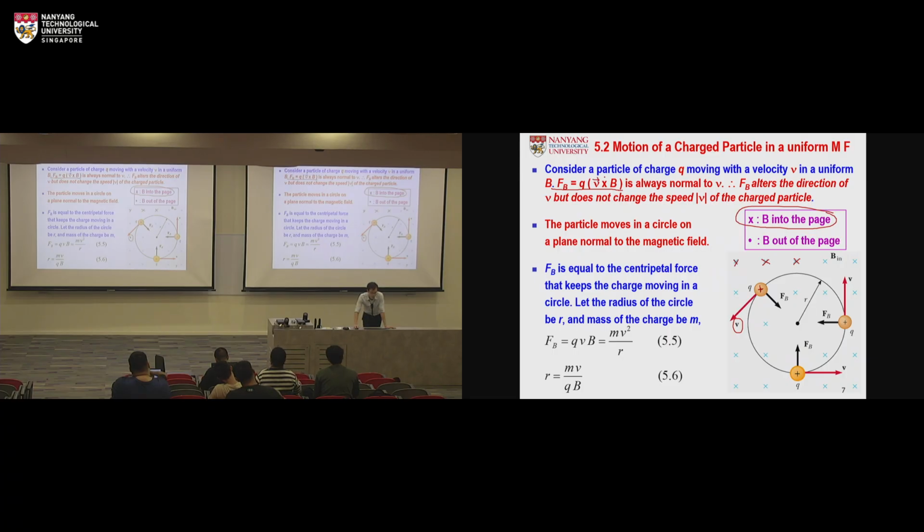V cross B. So if you use the right-hand rule, you can determine this is going to be the FB in plane, right? The way you do it: QVB is going to be this. This is V, B is pointing into the page, and then this is V cross B. And in this case, it's a positive charge.